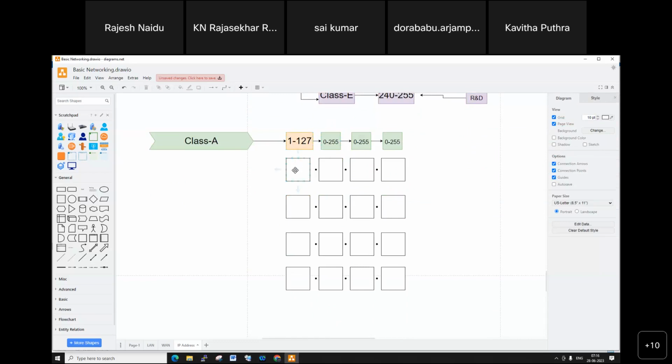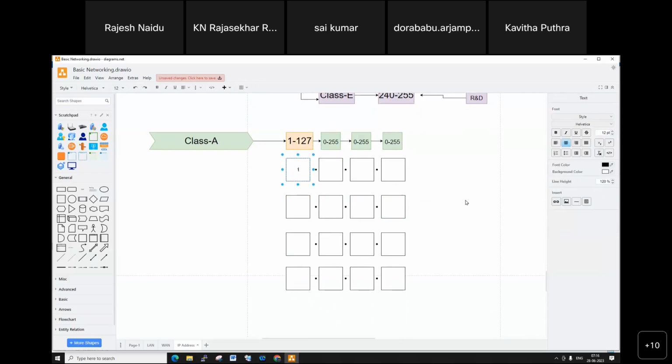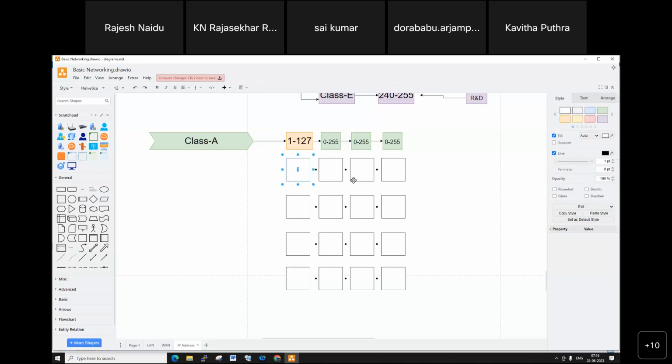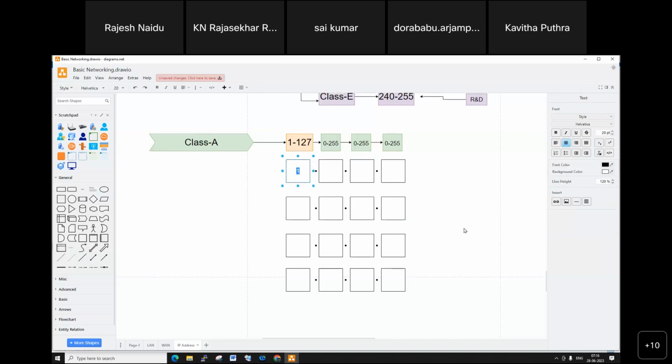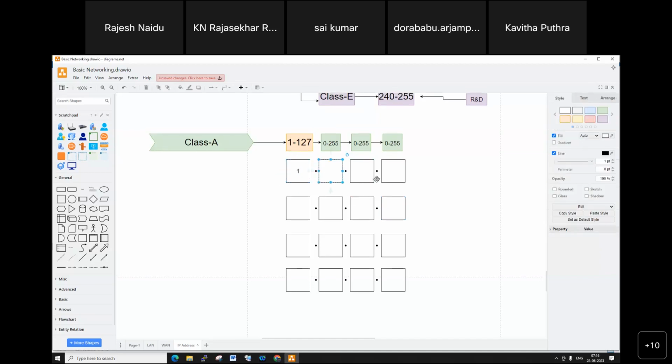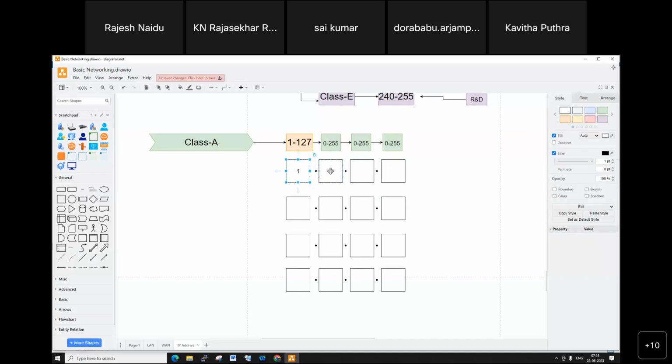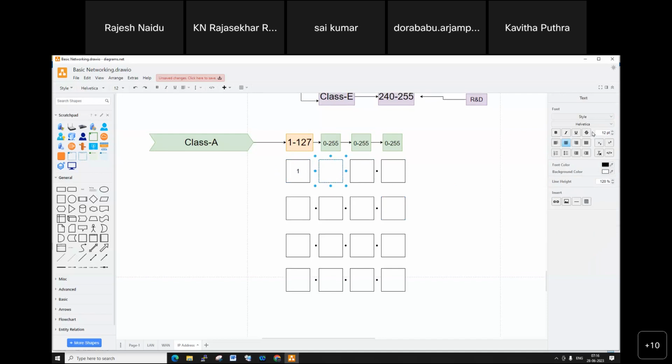So I'll take network 1. What is the first IP address? The combination is, anybody can tell me?